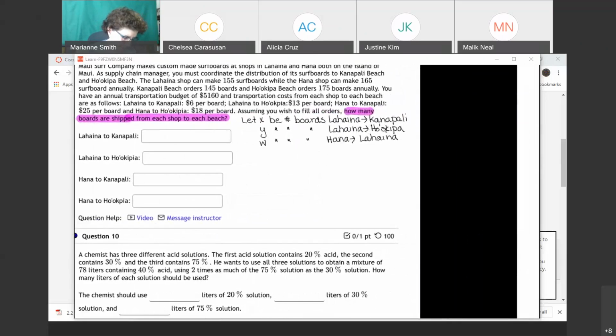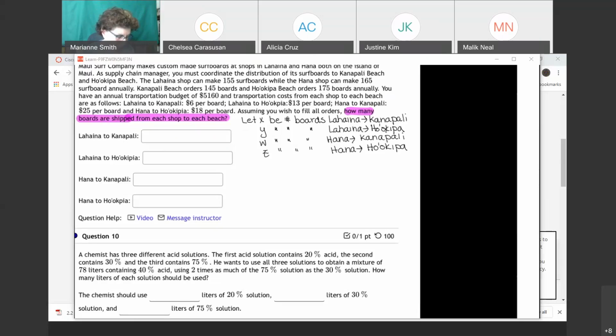I'm sorry, Kanapali is the beach. Okay, and then let Z be the boards from Hana to the other beach, Ho'okipa. Okay, in this problem, it's absolutely critical that you identify what you're talking about.